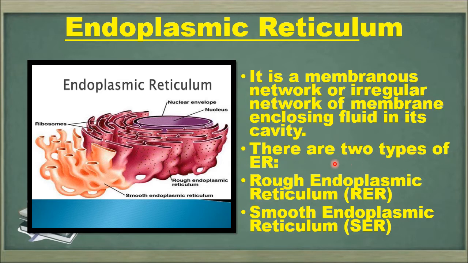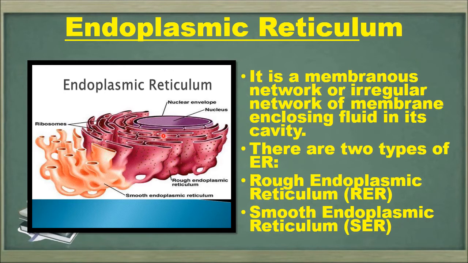There are two types of endoplasmic reticulum. In short, endoplasmic reticulum is written as ER: rough endoplasmic reticulum and smooth endoplasmic reticulum. Rough endoplasmic reticulum is written as RER, whereas smooth endoplasmic reticulum is written as SER.